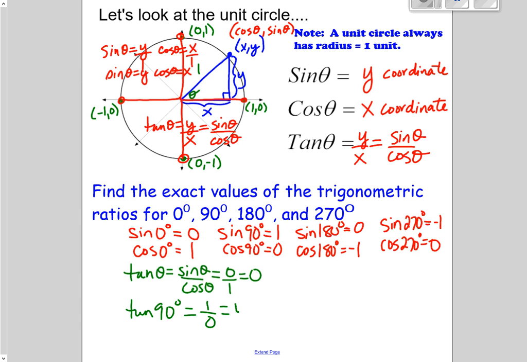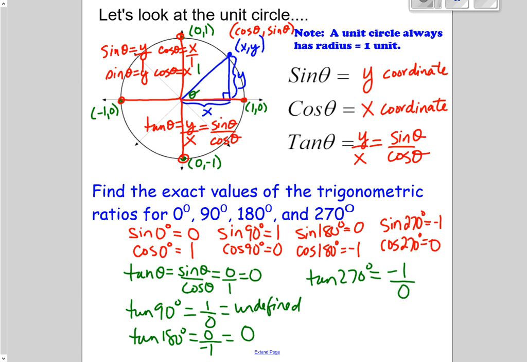We can't divide by 0, so it's undefined. Tan of 180 is going to be sine, which is 0, over cos of -1, which is still 0. And then the tan of 270 is equal to the sine of -1 over the cos of 0, which is undefined.